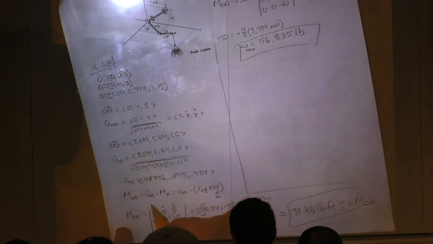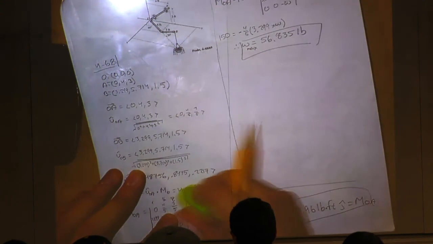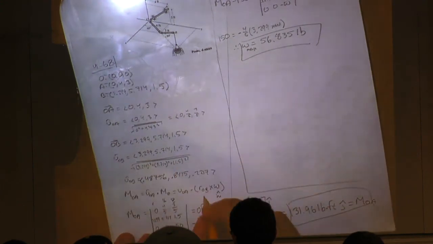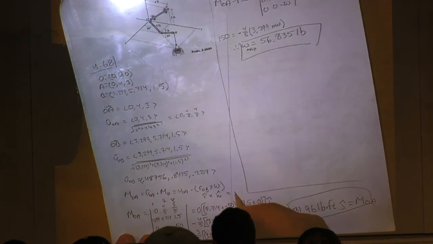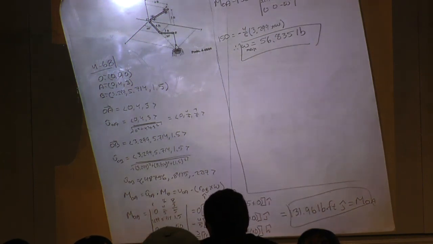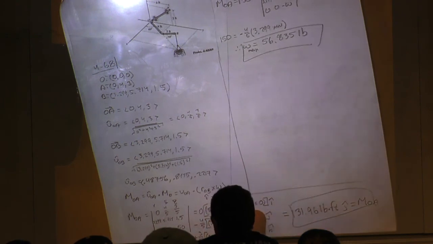So this is an X, this is a Y, this is a Z. So this 3.229 is in the X, X is the I. Likewise, if I crossed J and K, it would give me I. So if you cross two vectors, you get the third.